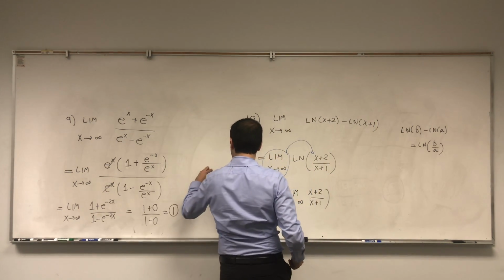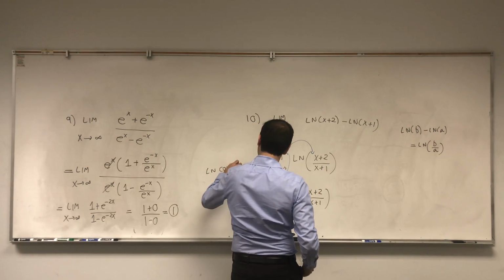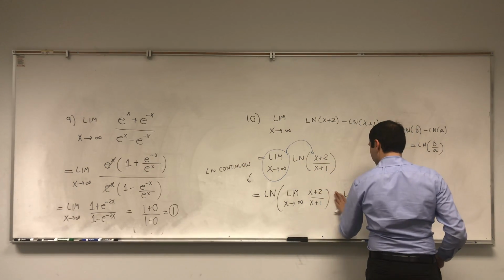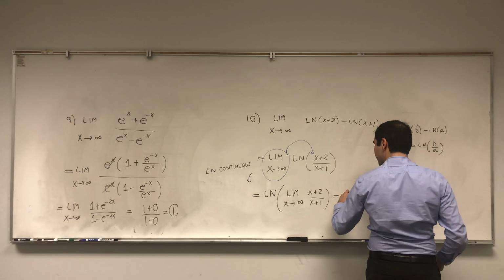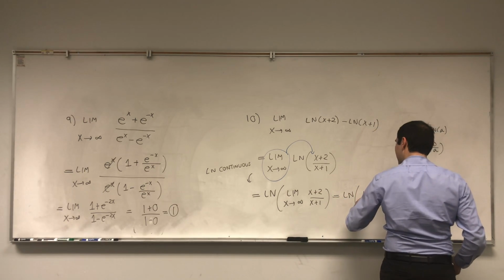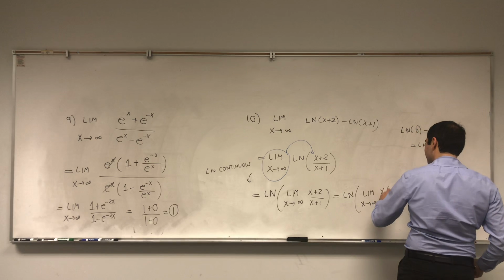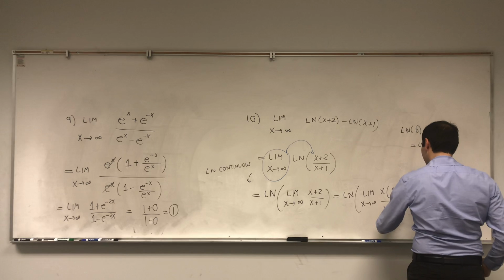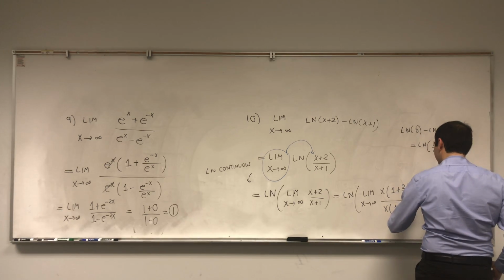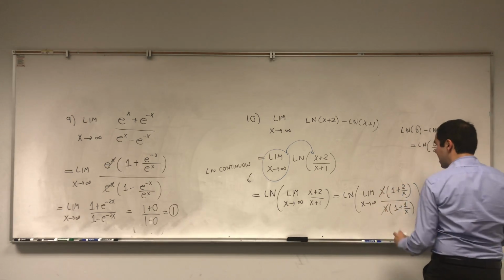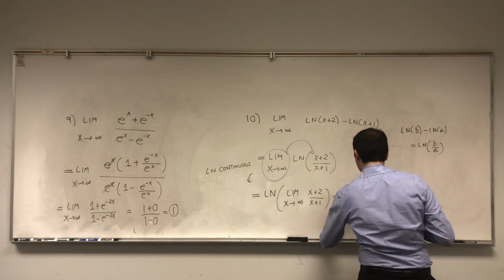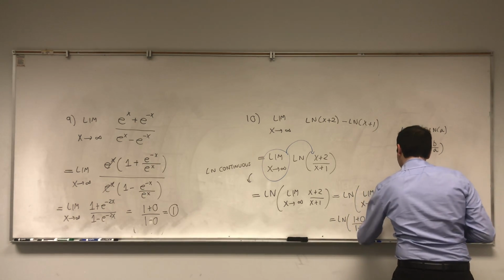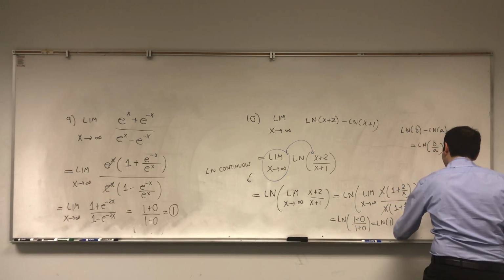Ln is continuous, and then you evaluate that limit just like you would do at the beginning. Ln of the limit as x goes to infinity of x times (1 plus 2 over x) over x times (1 plus 1 over x). This cancels out, and what you get is simply ln of (1 plus 0) over (1 plus 0), which is ln of 1, and that gives us 0.